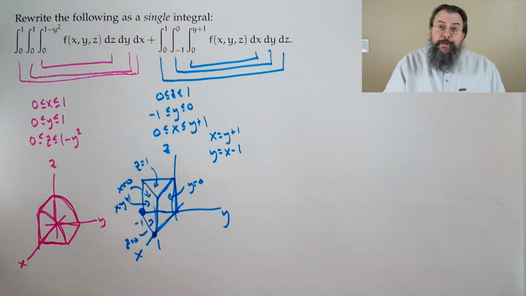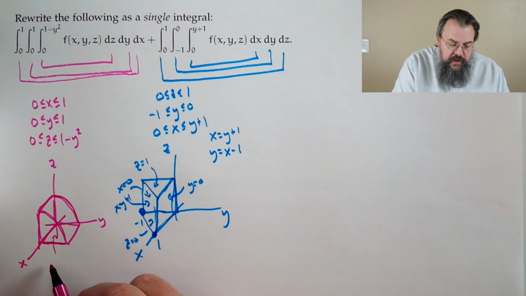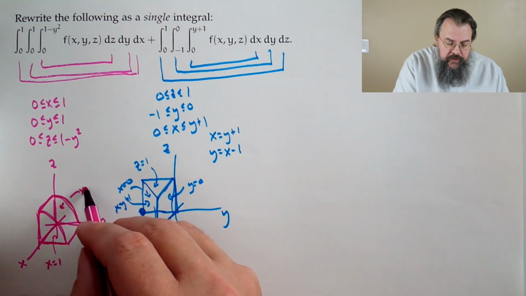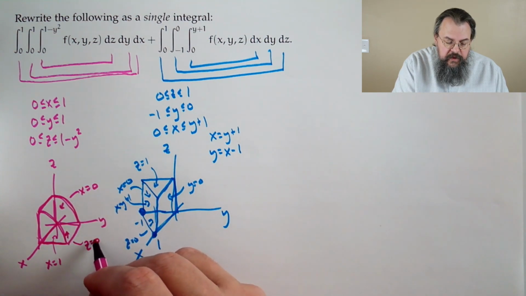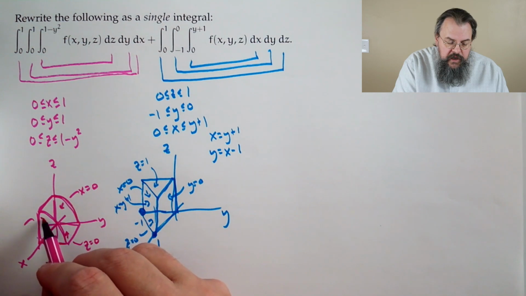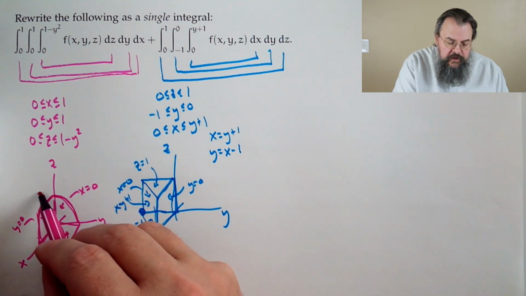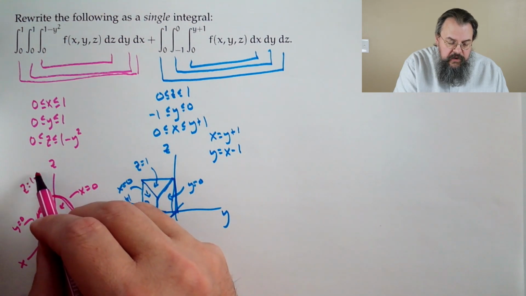We probably should have labeled things for this other picture as well, just for reference. So we see here this part right there, x equals 1. This back part, x equals 0. This bottom part, z equals 0. Over here, that would be y equals 0. And then this curved part is z equals 1 minus y squared.